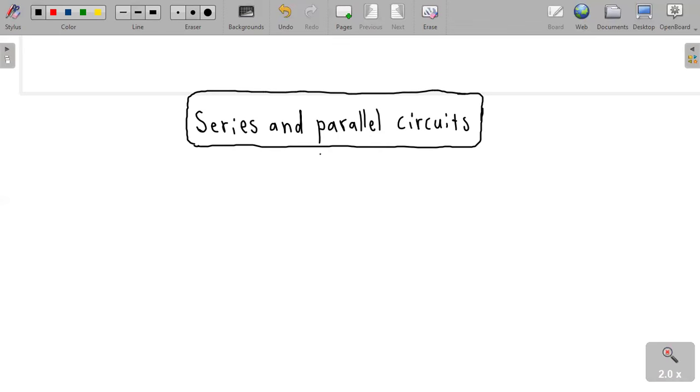So the two circuits: on the left we have a series circuit, and on the right a parallel circuit.